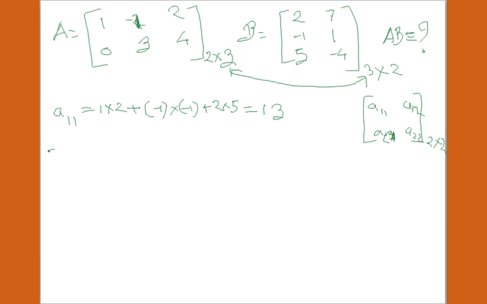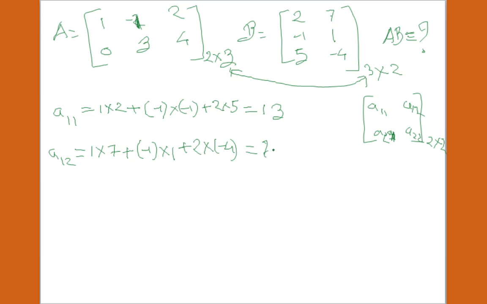Next is A1,2, first row, second column. This is equal to 1 into 7 plus minus 1 into 1. Last one is 2 into minus 4.